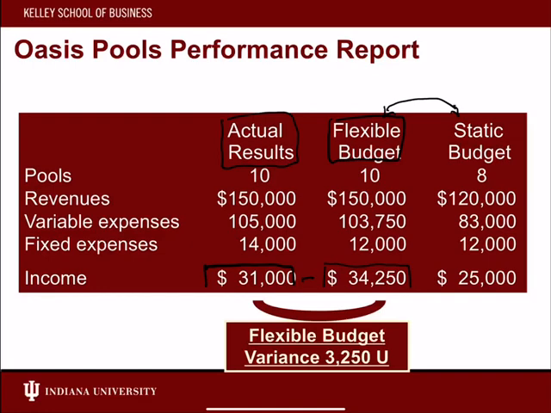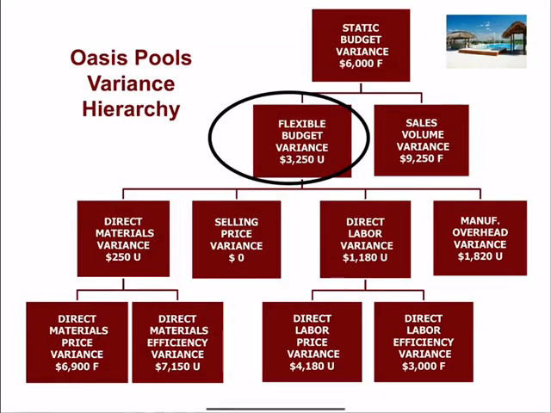So therefore, we have about a $3,000 unfavorable variance. So now we've taken our $6,000 favorable static budget variance, and we've broken that down into a favorable variance due to an increase in sales volume, and an unfavorable variance due to other things.